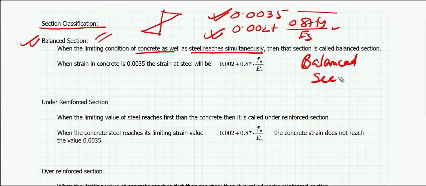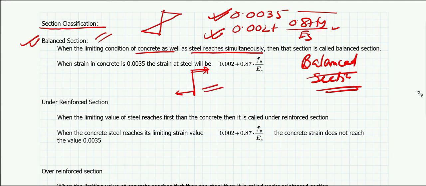That means both concrete and steel are at the yield level in this kind of section. When concrete is yielding, steel is also yielding. That means if concrete is failing, the steel is also failing.